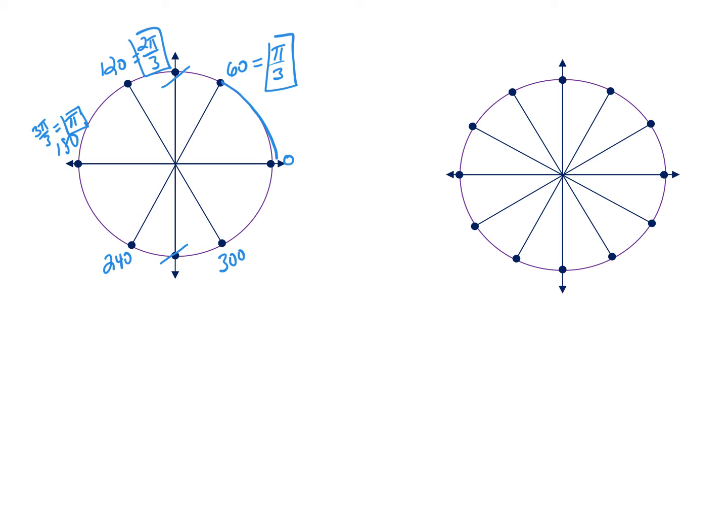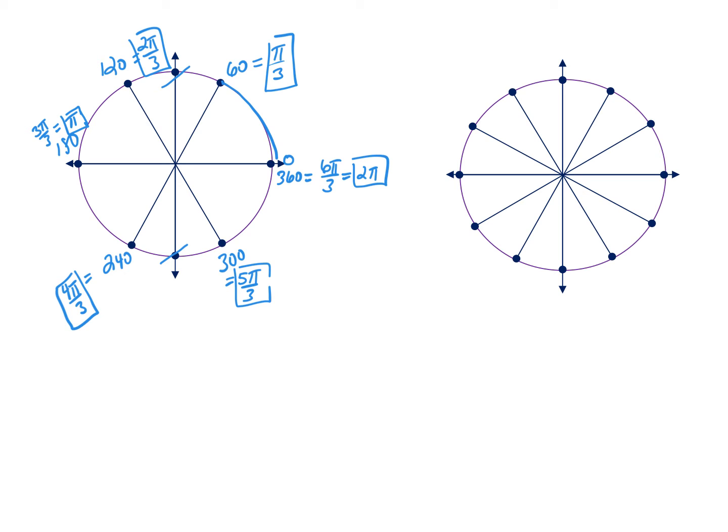Add another pi over 3. 240 is 4 pi over 3. 300 would be equal to 5 pi over 3. And 360 would be equal to 6 pi over 3. And again, it reduces to 2 pi. So that's counting by 60 degrees. We add pi over 3 each time.